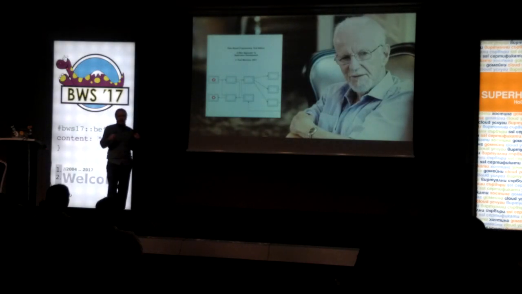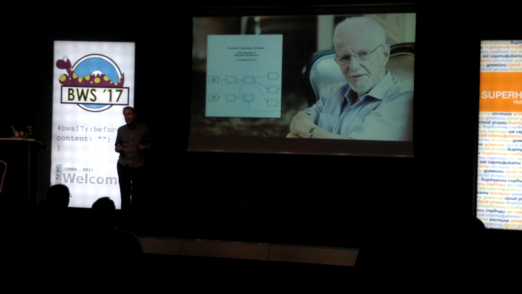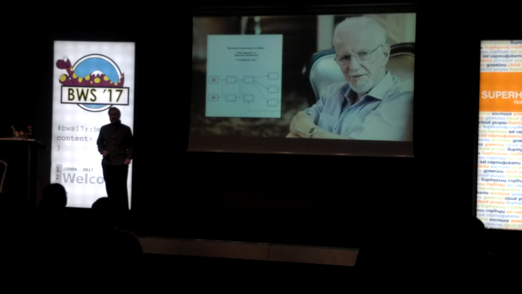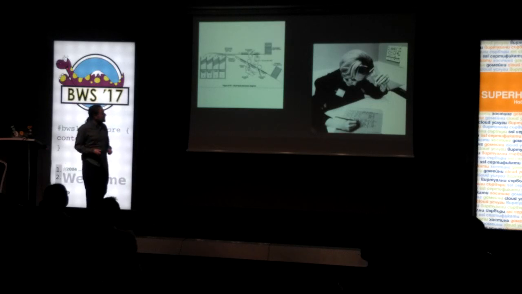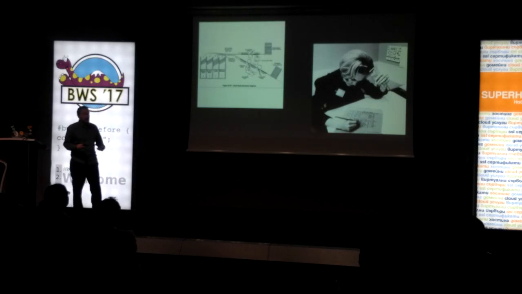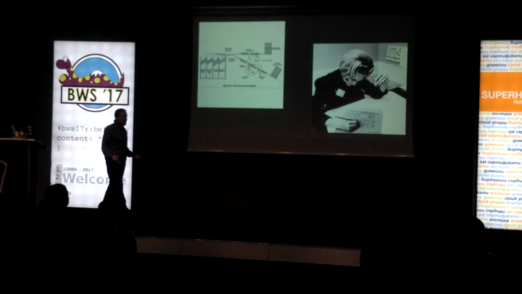But actually, the concept of flow-based programming was already invented by him in the late 60s, early 70s at IBM, where they were actually using this to build some banking systems. So what we're talking about here is like really cutting-edge technology. To understand flow-based programming, you have to understand how software development worked back in the 60s.